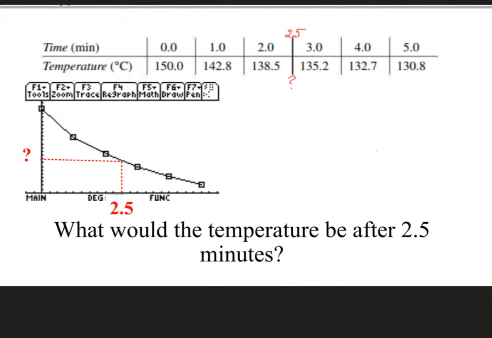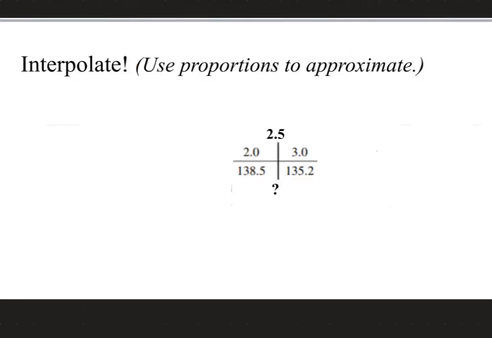This method makes the assumption that the difference between the independent variable values is proportional to the difference between the dependent variable values. To use this method, we only need to concentrate on the variable values that are immediately less than and greater than the values in which we're interested.